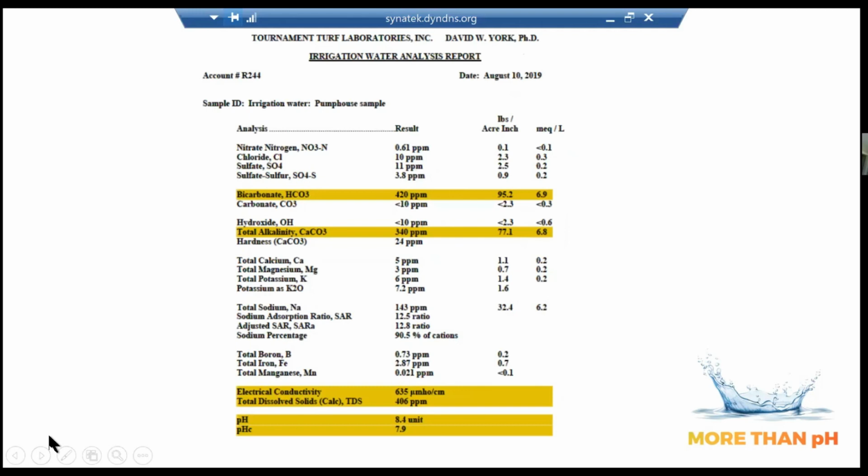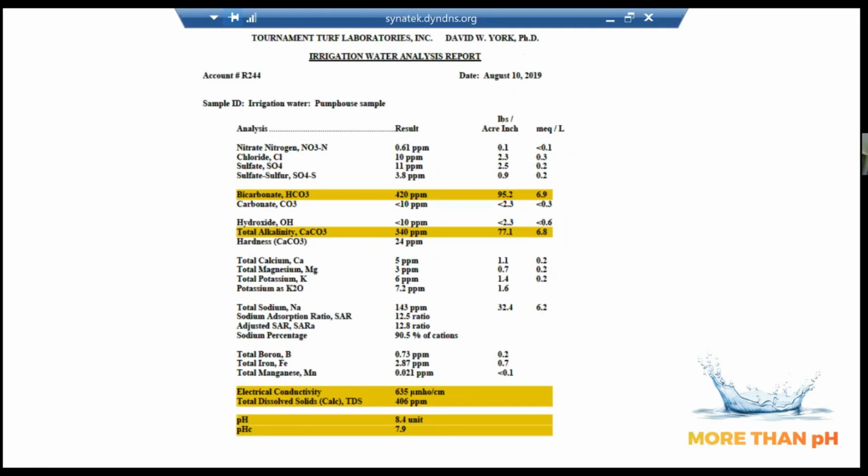Okay, this is a customer down on the Eastern Shore. If there's any Maryland guys on this call, you know your water stinks in a lot of areas. As you can see, out of his sample, his bicarb load is 420 parts per million.